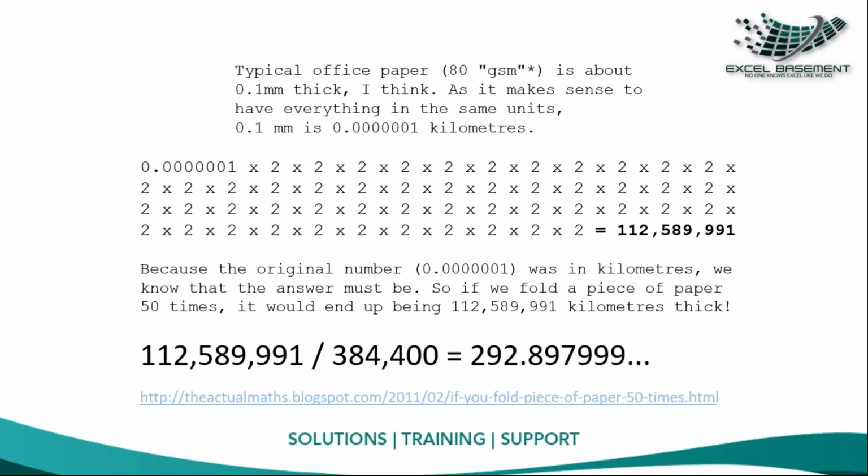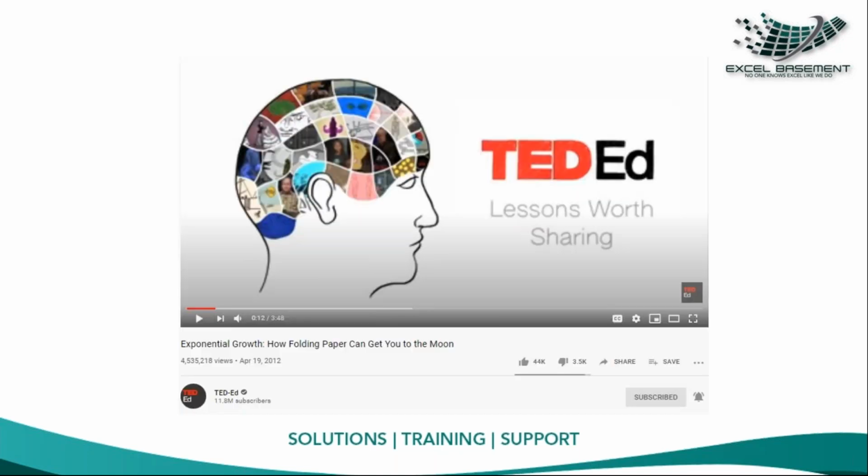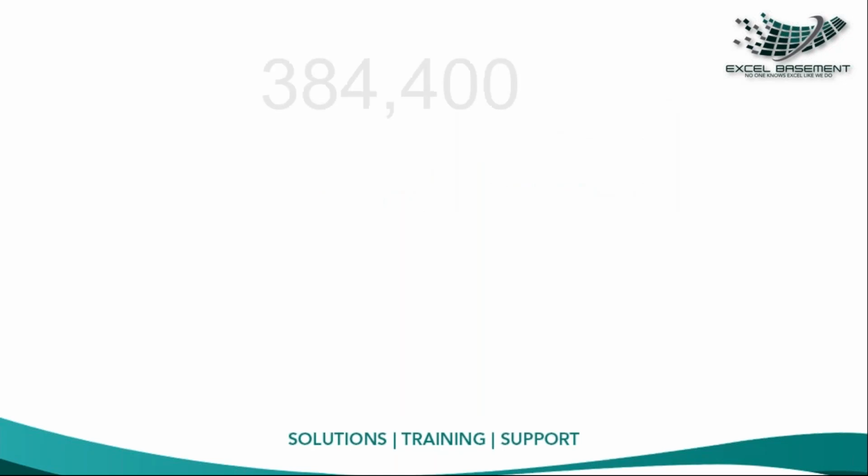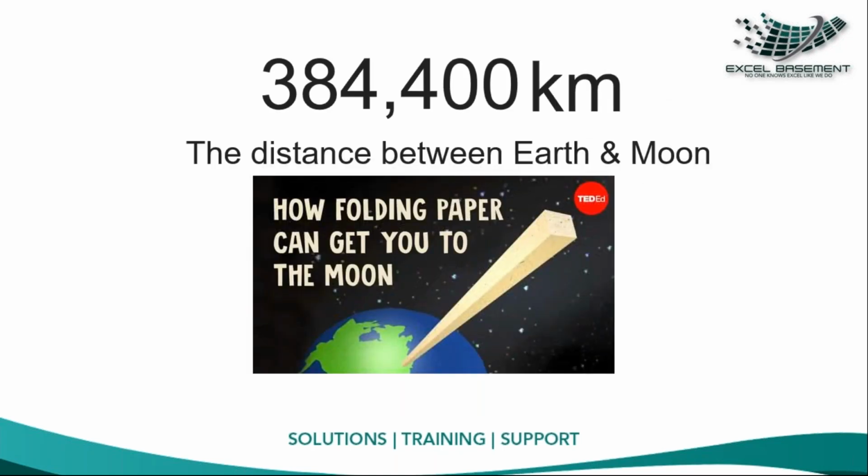This number indicates that when you fold a piece of paper 50 times, the thickness of that paper will be like going to the moon from Earth 292 times. On YouTube, after the webinar, you can find the video of how folding paper can get you to the moon. That's the concept of exponential growth.